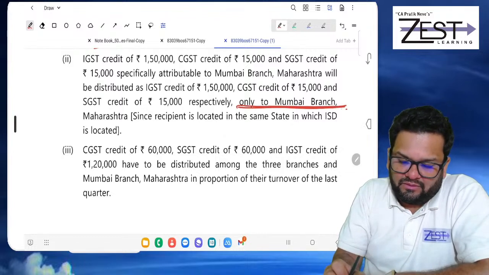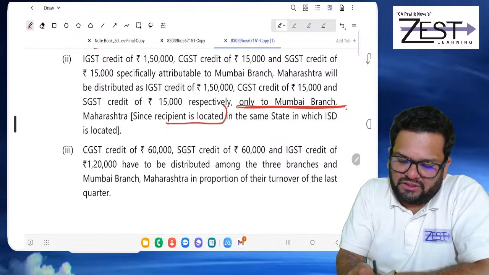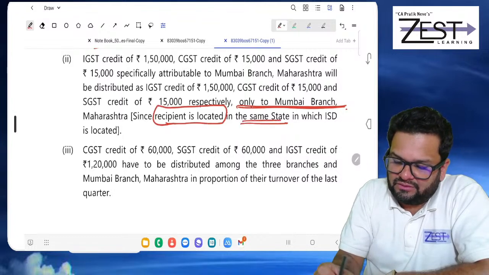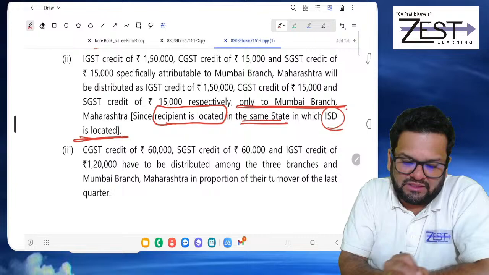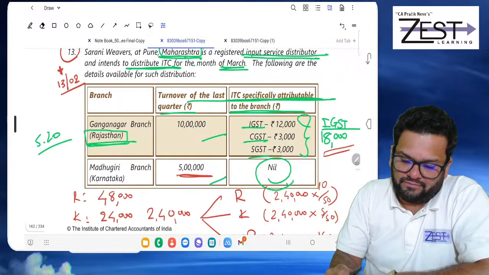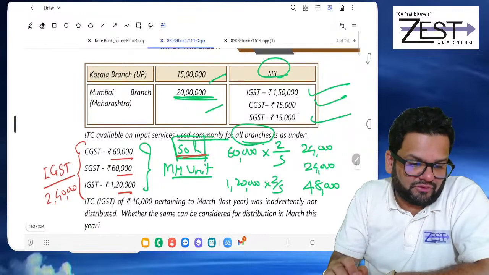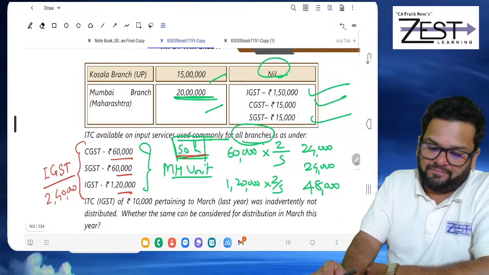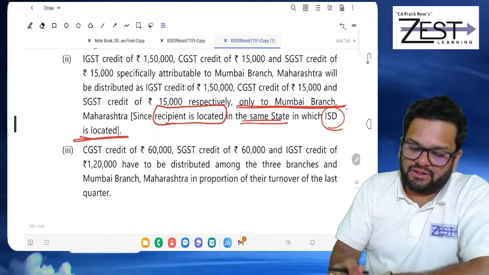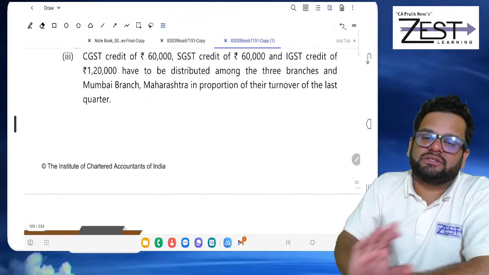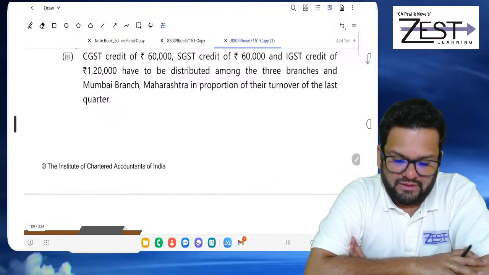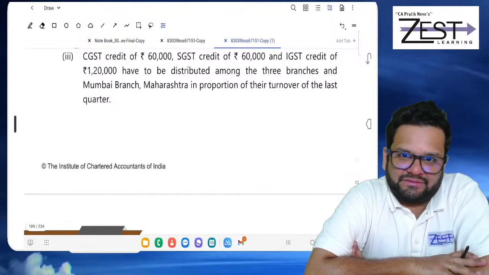Why? Because recipient is located in the same state in which ISD is located. I am talking about this 150, 15, 15. Okay, got it. Ashima made a calculation mistake, but now it is corrected and her concepts are clear, isn't it?